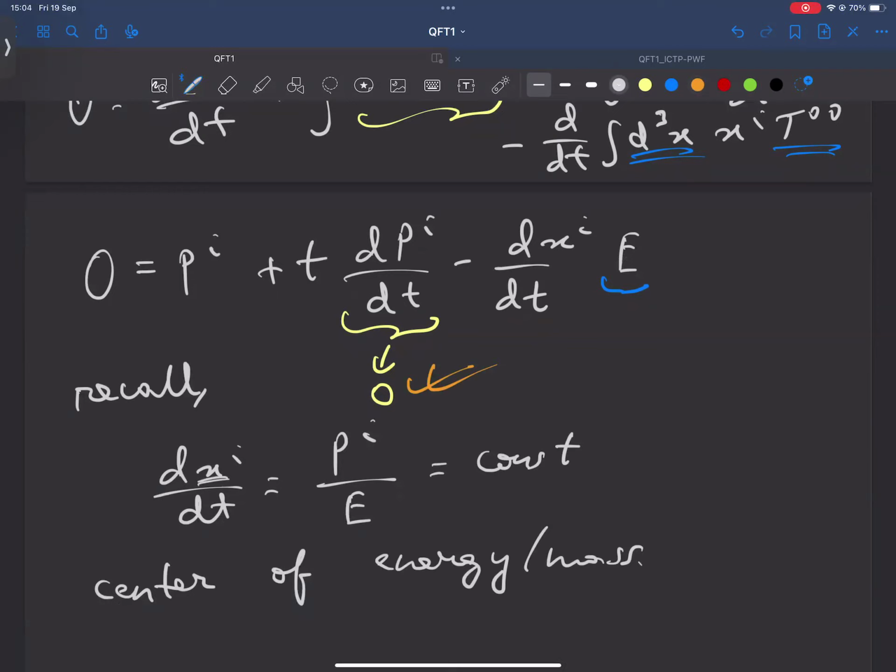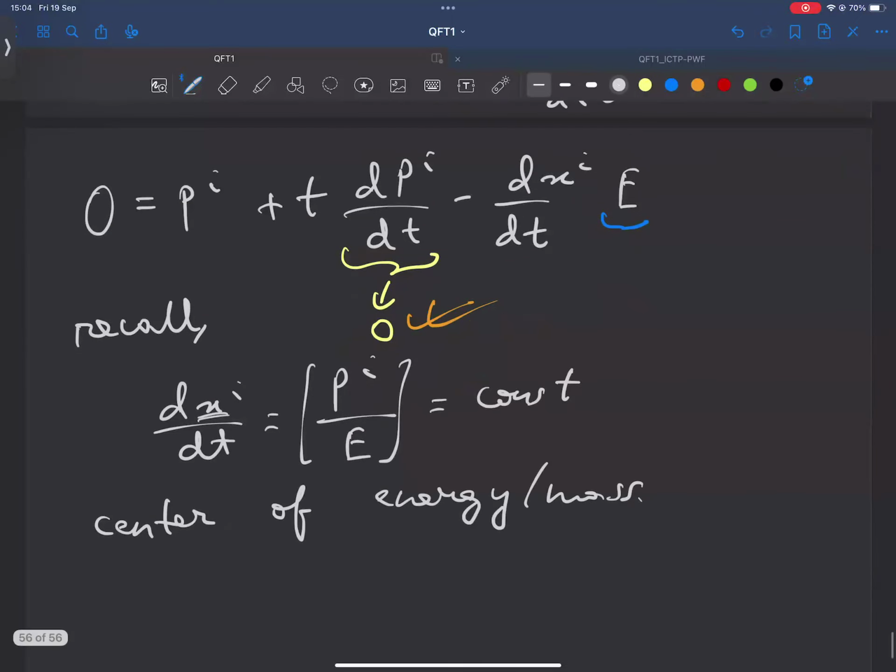It just says that your center of mass moves at a constant velocity, given by P^i over E, where both are conserved quantities. P^i are the conserved linear momenta, E is the conserved energy. This is just like Newton's first law: a body maintains its inertia. If it is at rest, it stays at rest; if it is in motion, it stays in motion. And this is exactly what these conserved charges give you.